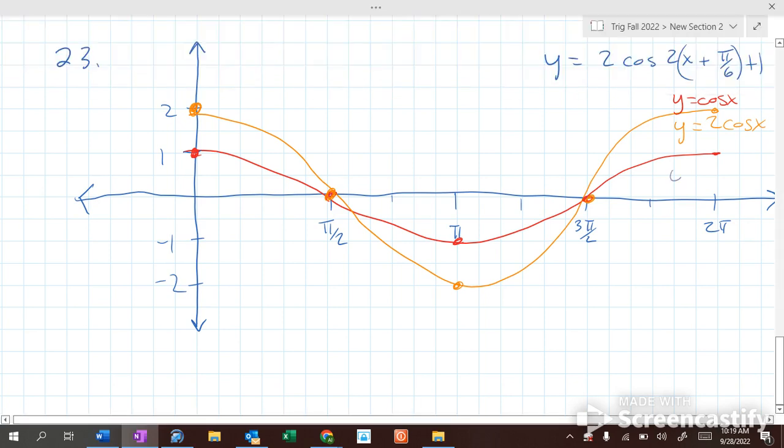Then we're going to go y equals 2 cosine of 2x, which makes everything from the orange graph twice as skinny. So 2, 0, 2 stays there. Pi over 2 goes to pi over 4. Pi goes to pi over 2. 3 pi over 2 goes to 3 pi over 4. And 2 pi goes to pi.